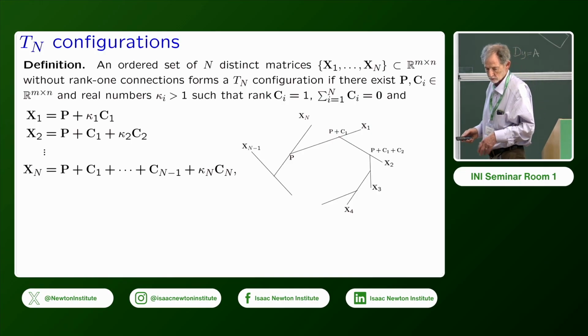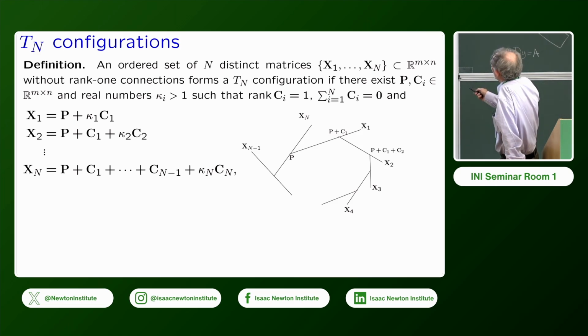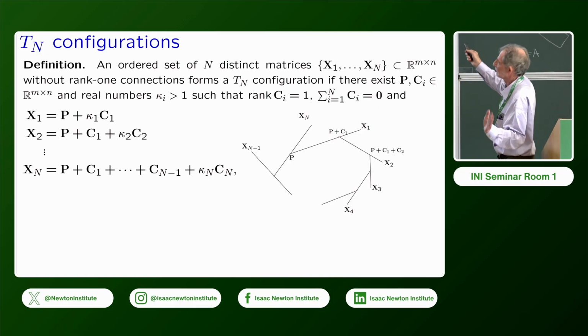So informally, how does this enable you to construct something? This P here, you can layer it with X1 because they're rank 1 connected. So you form a very fine layering of P with X1, and then you get something which has gradient approximately P plus C1.